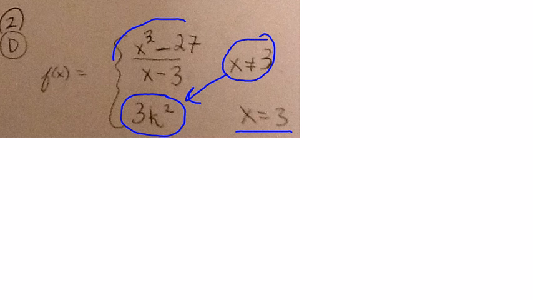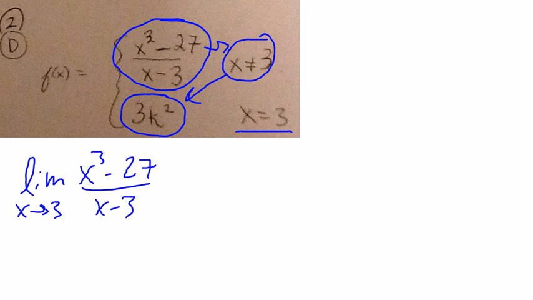Let's figure out the limit of this function as it's heading to 3. So we write the limit as x goes to 3 of x cubed minus 27 over x minus 3. And we need to factor this. Now, it's a pretty big hint that we have x minus 3 in the denominator. That might make you think there's a good chance that x minus 3 is going to be a factor of our numerator.